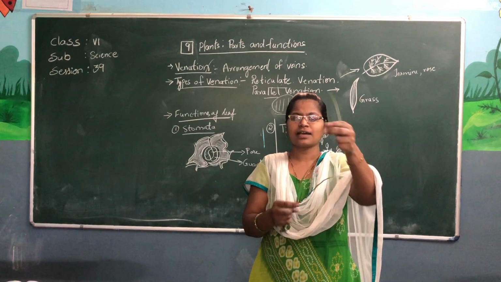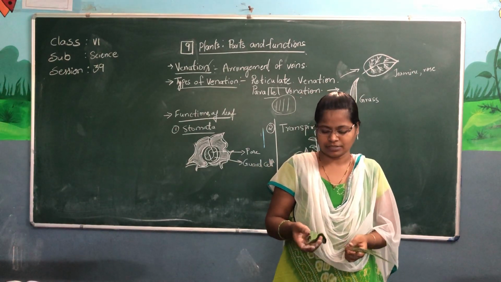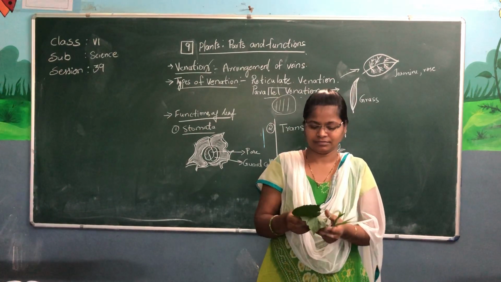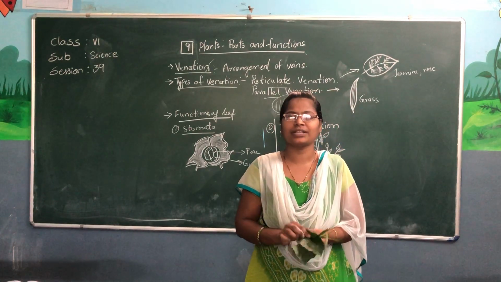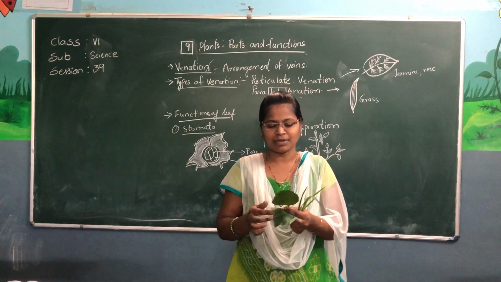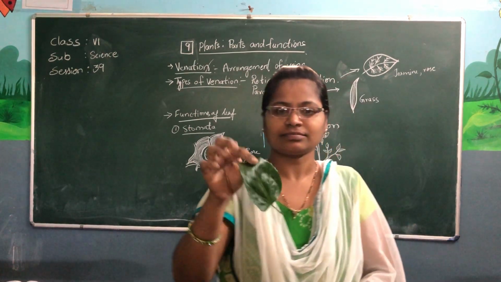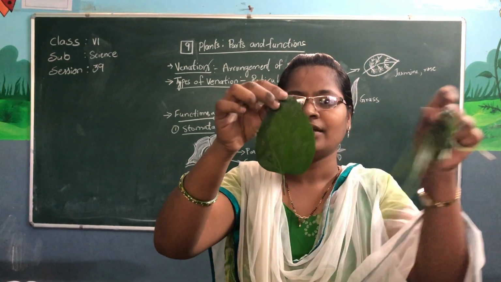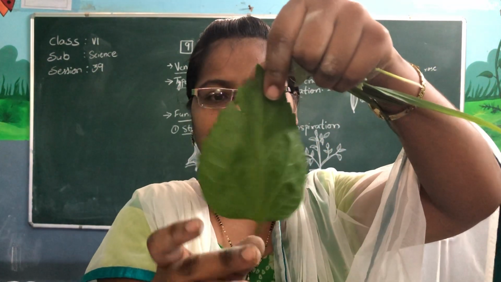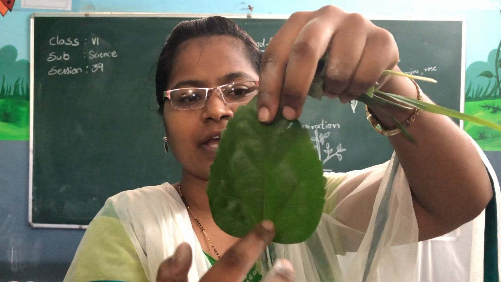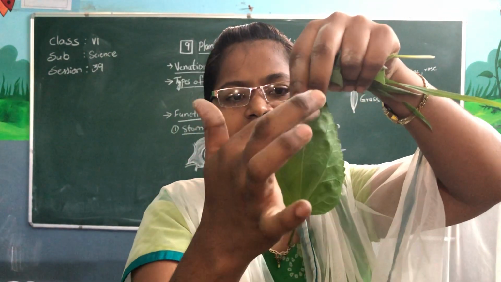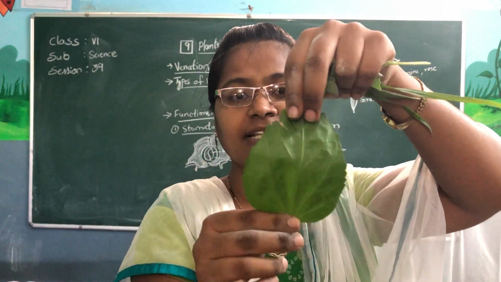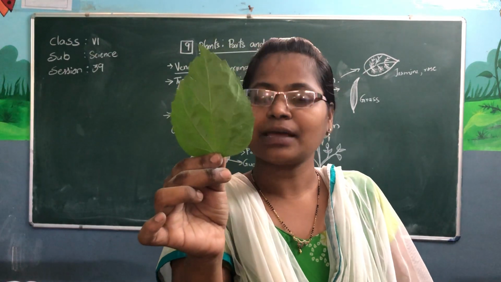Grass also has parallel venation. This is reticulate venation. See the veins. They are arranged like a web. The example is the hibiscus leaf.